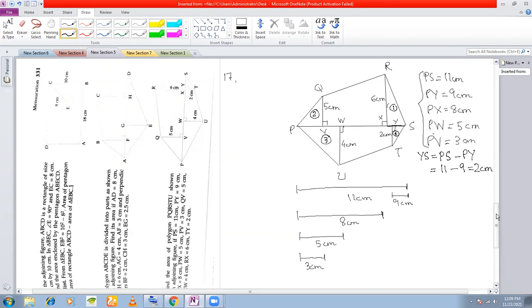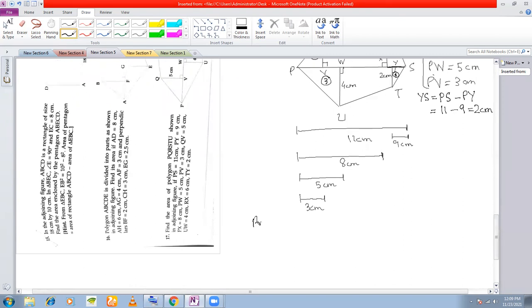So area of triangle RXS, or let's say area of triangle 1, is half base into height. And what is the base here?